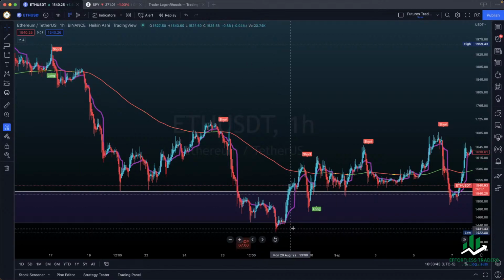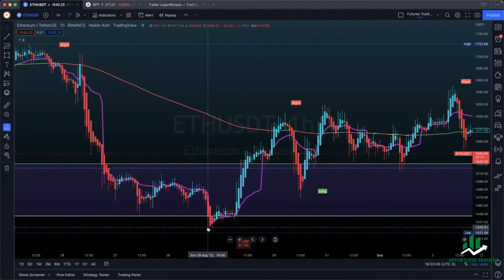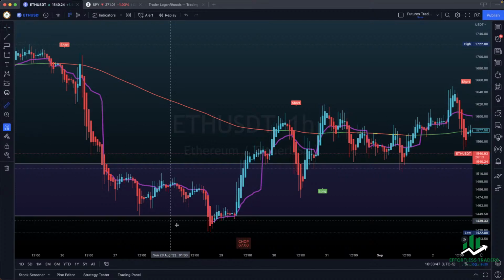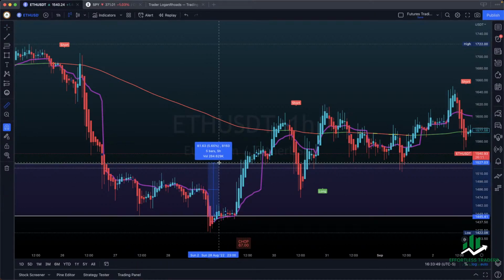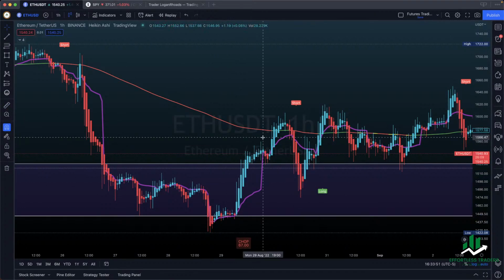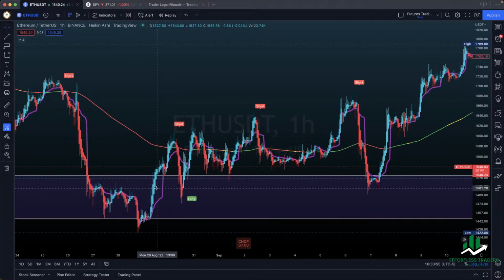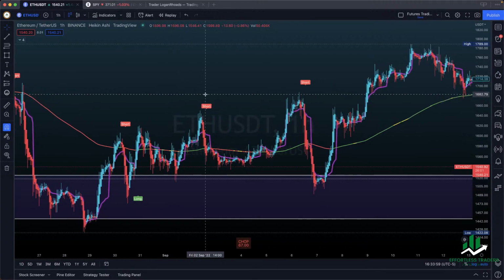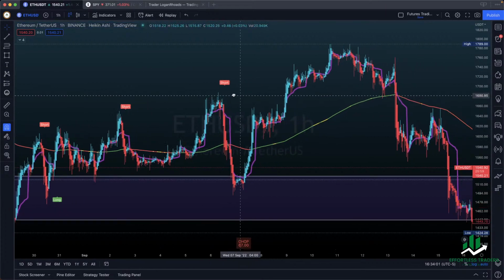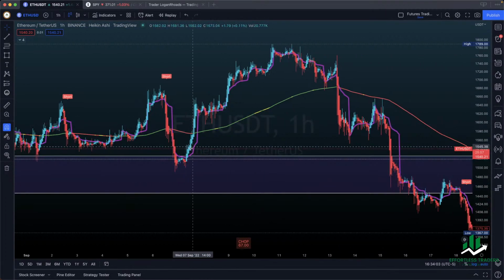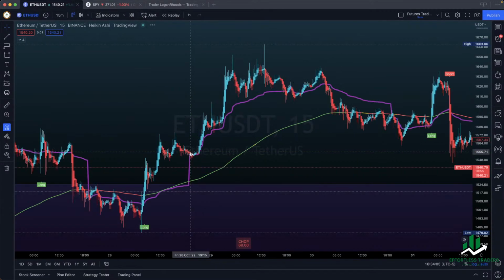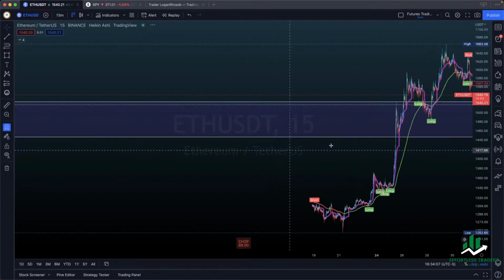Short here, this would be a pretty bad fake out where your stop loss would be right here. So you would be out 5.5% there. But you did break out, but you would not enter this long because your trend is not along here. Actually, we're on the wrong time frame. Let's go to 15.